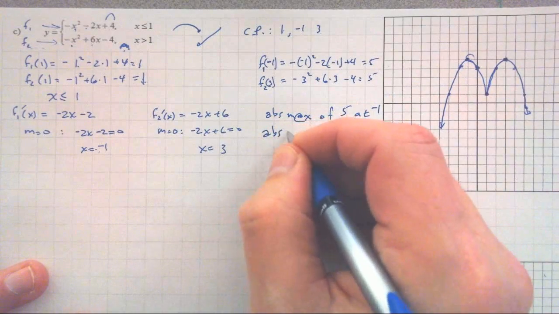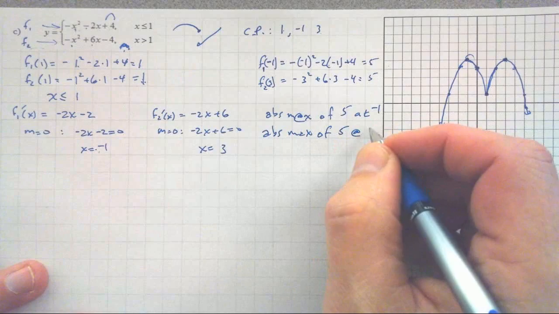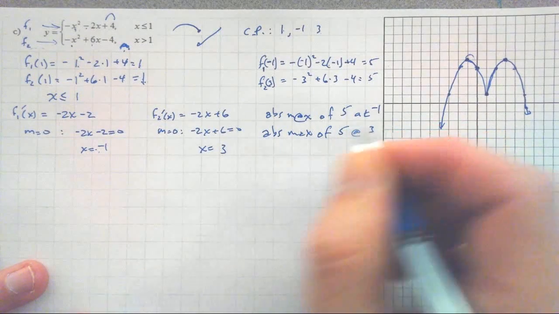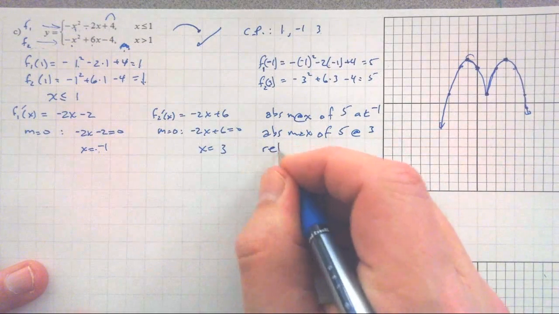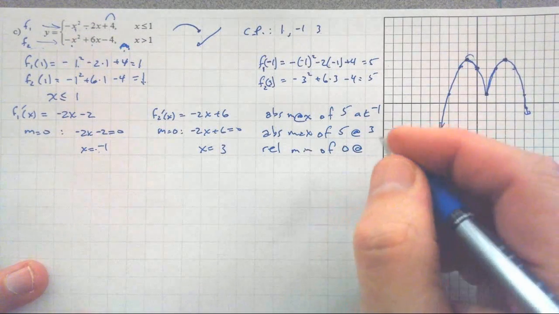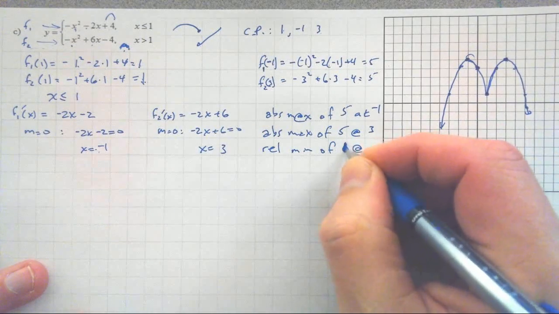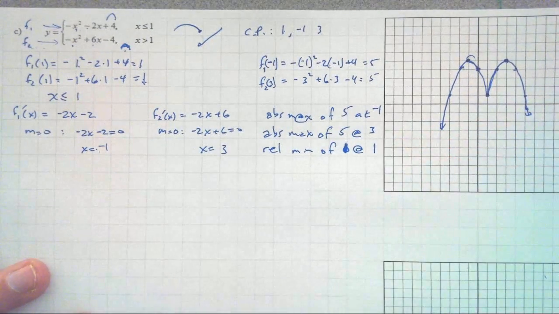We also have an absolute max of 5 at 3. And we have a relative min of 0 at 1. I was thinking of the last problem, 1 at 1.